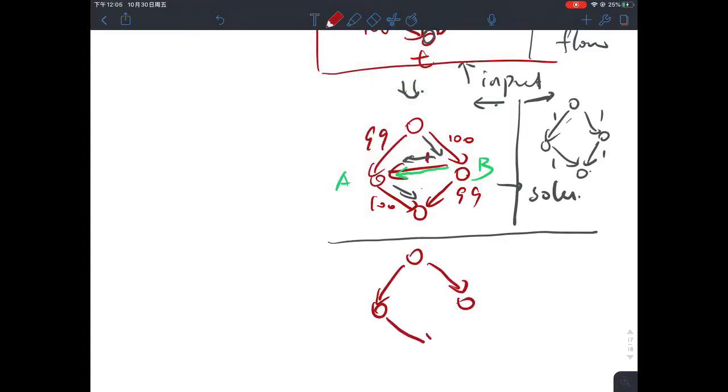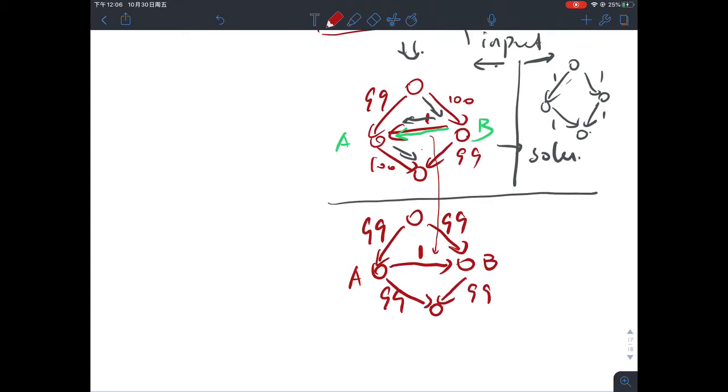After we do 2 rounds of update, all the capacities would be 99. The edge that's connecting A and B gets flipped again, from B to A back to A to B. So this would be the new residual graph. If we keep doing the same thing, we will find another augmenting path, and then do another update.